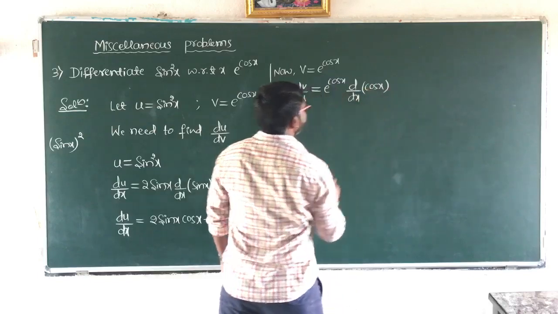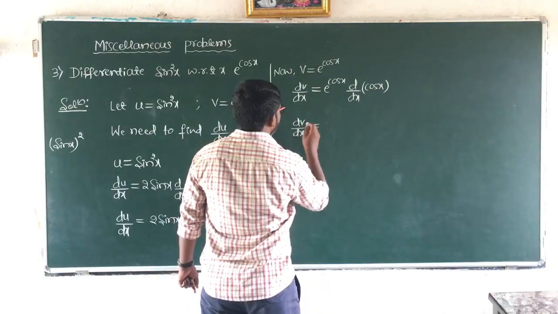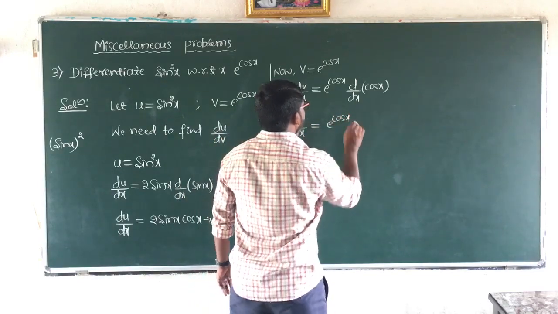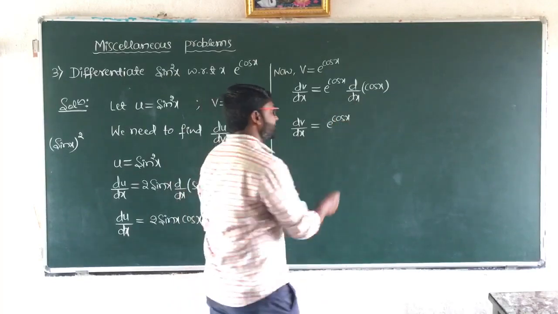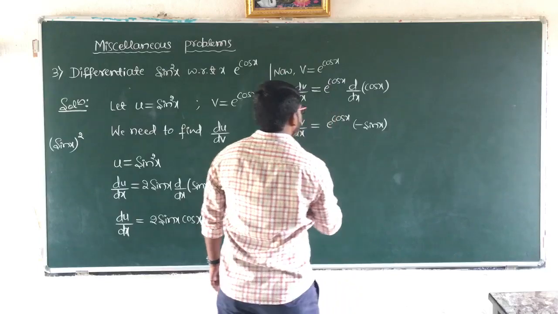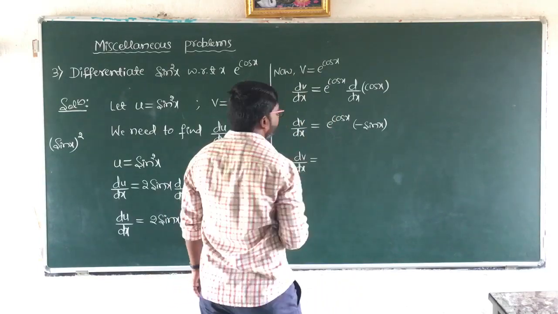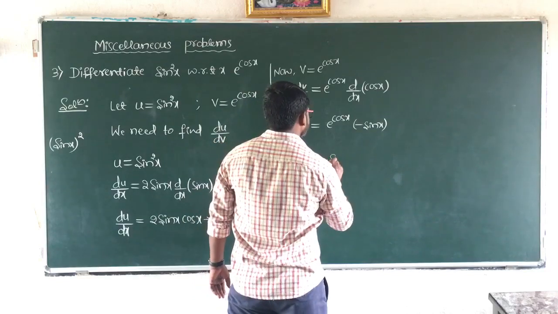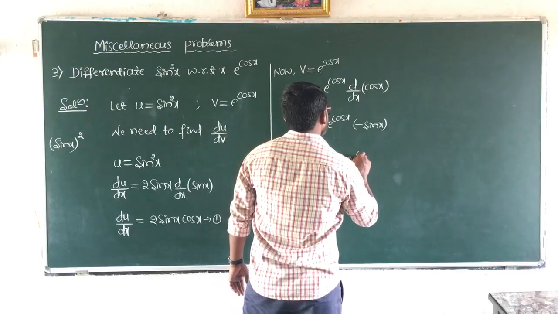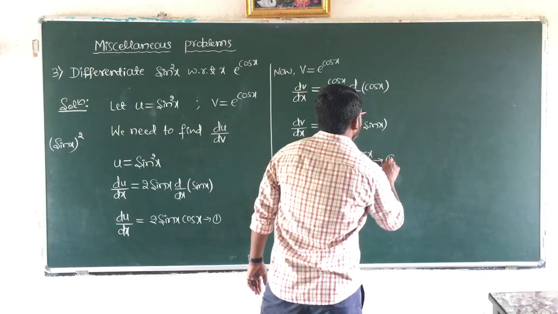So dv by dx is equal to e raised to cos x into the derivative of cos x, which is minus sin x. So now dv by dx is equal to minus sin x into e raised to cos x. I call this equation number 2.